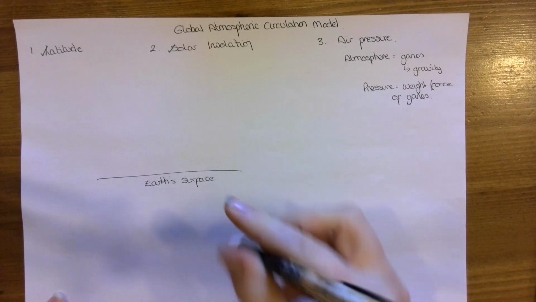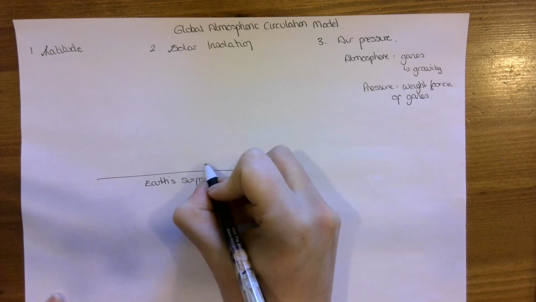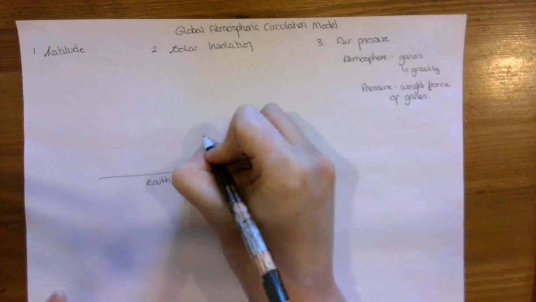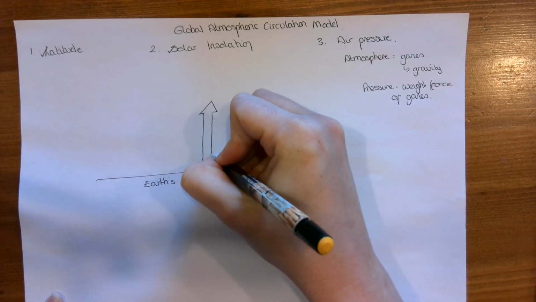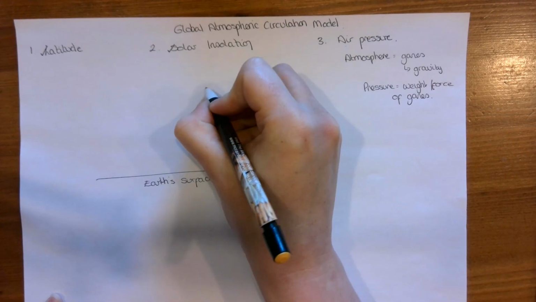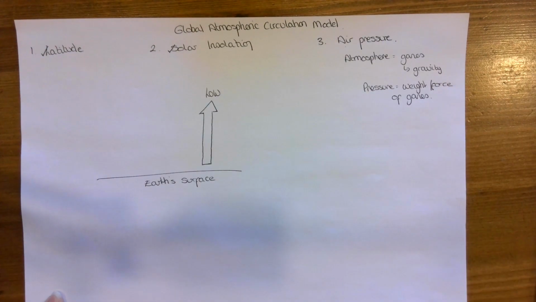So, if we've got low pressure, that means there's not a lot of pressure forcing something down. In fact, when we talk about low air pressure, we actually mean that warm air is rising. So when we have warm air rising, there is a lot of evaporation taking place.